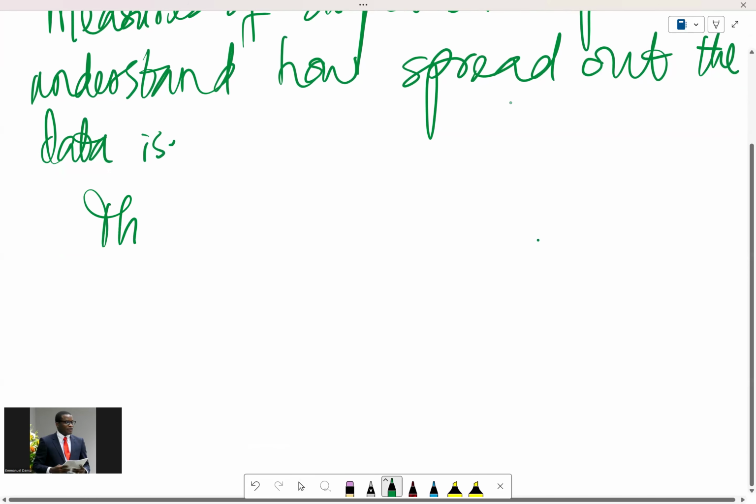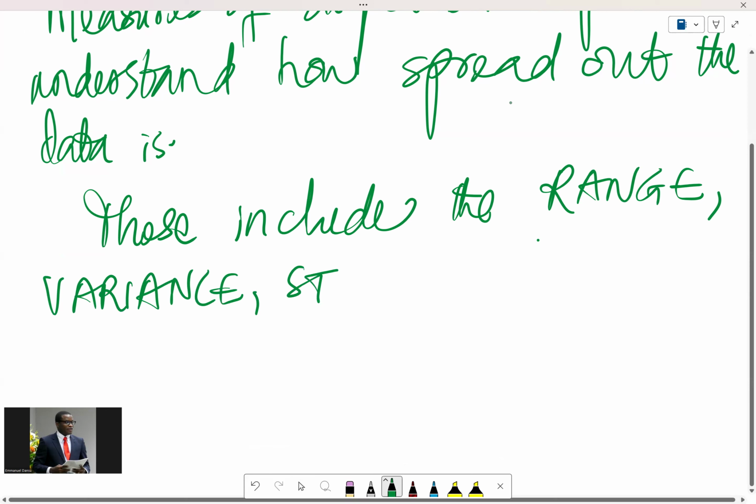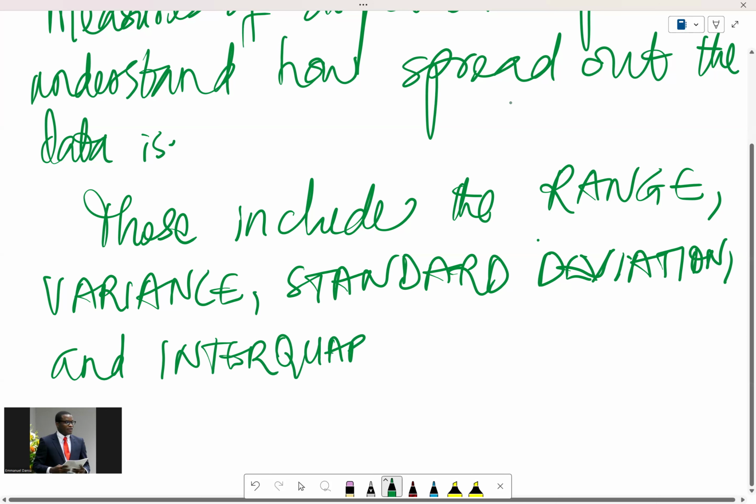And these include the range, the variance, the standard deviation, and then the interquartile range, IQR.